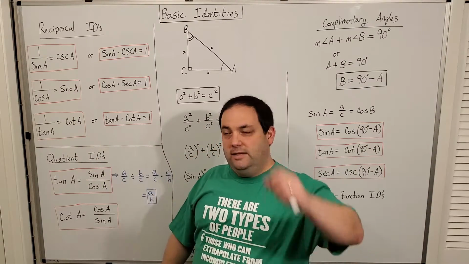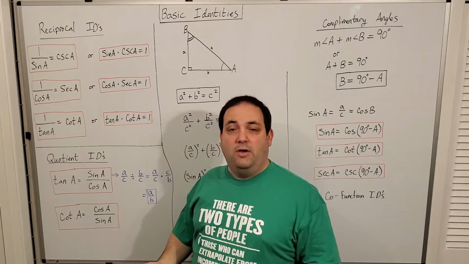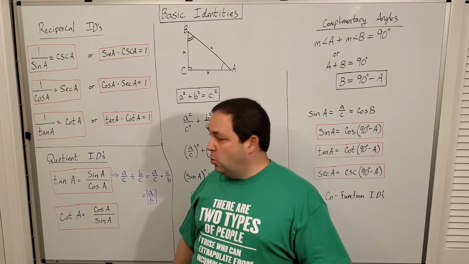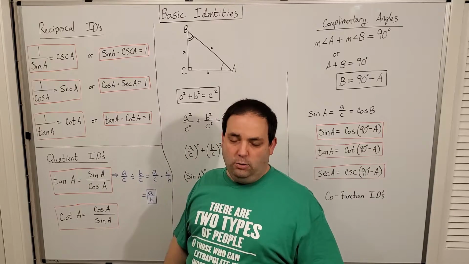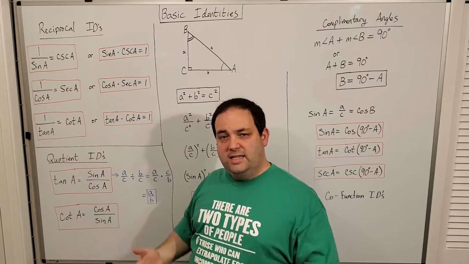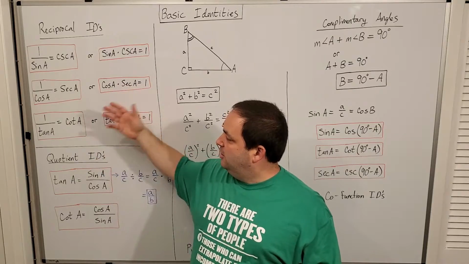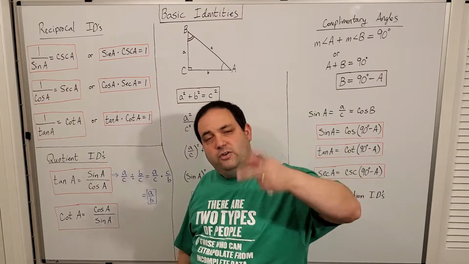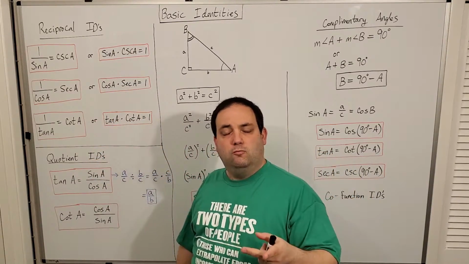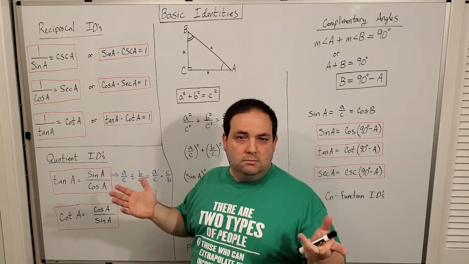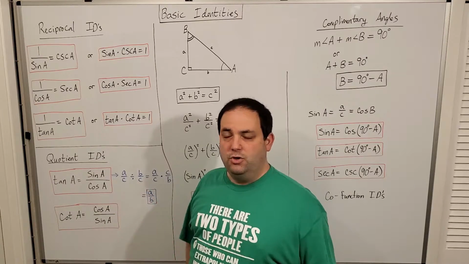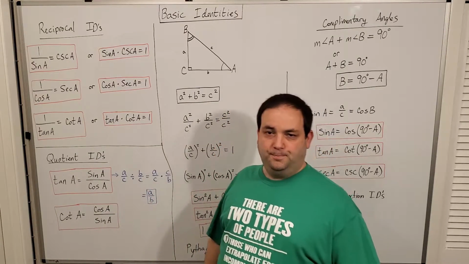This is basically, like I said, part of the setup of it, and it's also the reason why you don't see the cosecant, secant, and cotangent buttons on your calculator, because it's just not necessary. If you have the sine, cosine, and tangent buttons, all you have to do is reciprocate any one of those, and you can have the other one of the other 3 calculations. So you don't need multiple buttons.